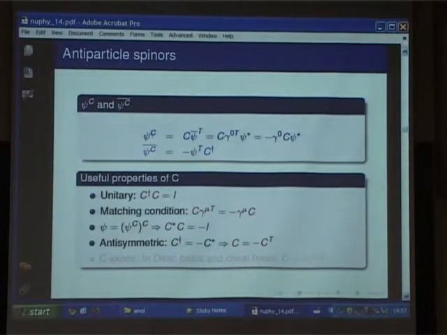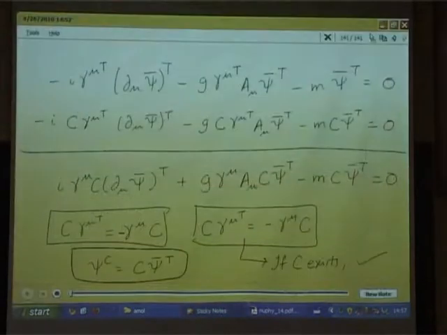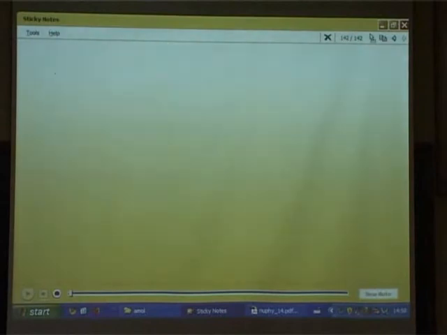So our psi C, the conjugate particle, can be written in many ways. One way we already saw: it's C times psi bar transpose.